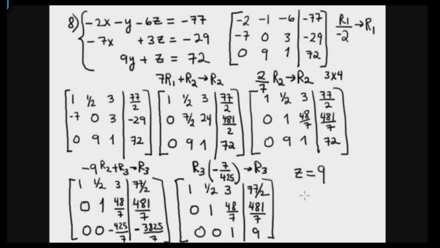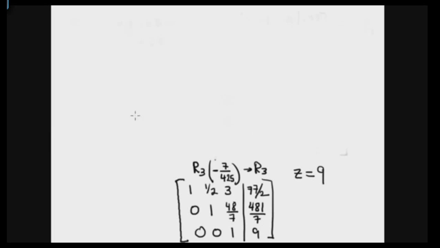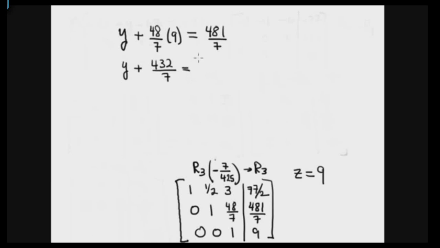Okay, we can do back substitution, so we continue with back substitution. Y plus, I copy the second equation, substitute 9. 48, you solve for y here. You multiply 48 by 9, 432, divided by 7, equals 481 over 7.